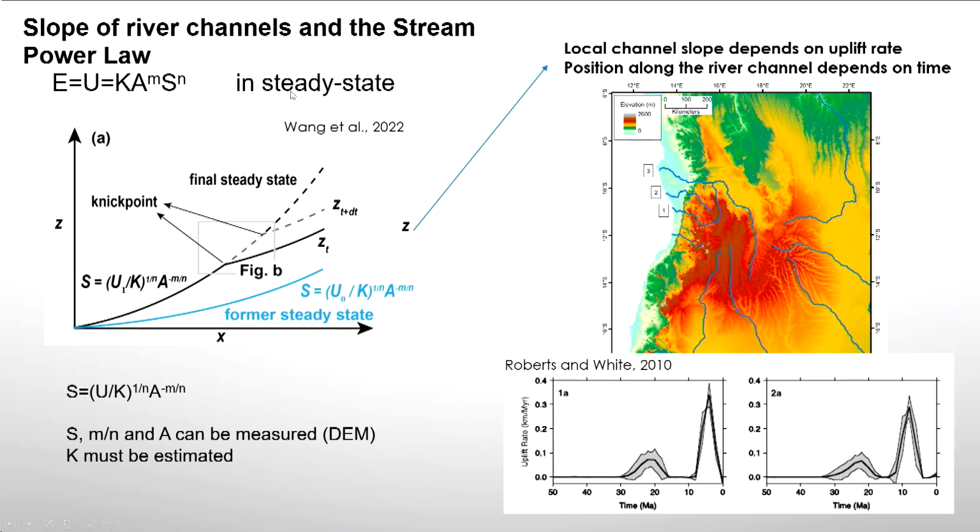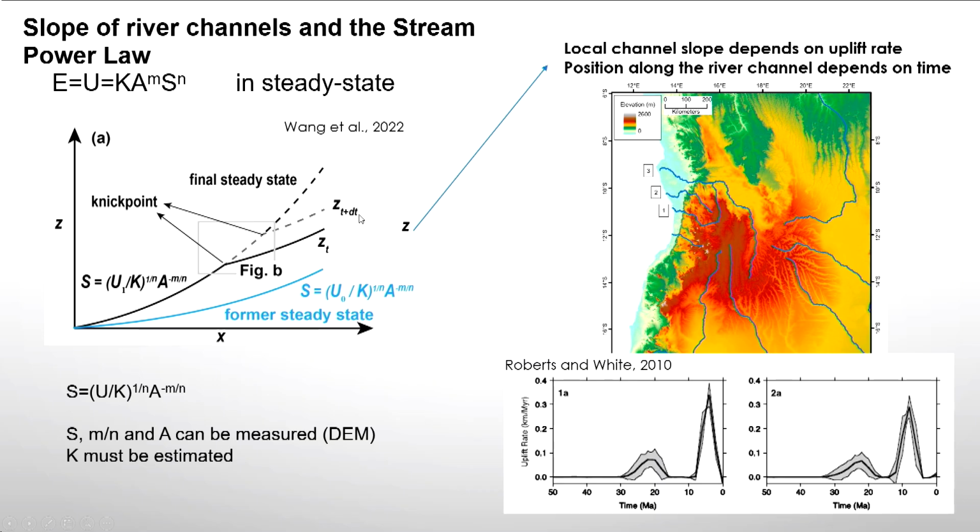And if we assume that, at least on a part of the channel, we are at steady state, meaning that the incision rate is equal to the uplift rate, then we can easily draw a relationship between the channel slope and the uplift rate, provided we know something about this coefficient K, which is the erodibility coefficient.